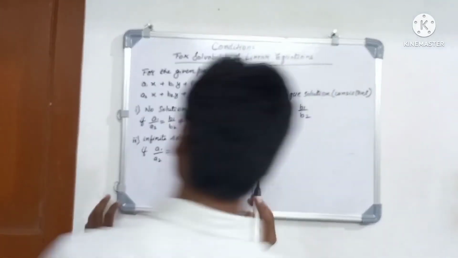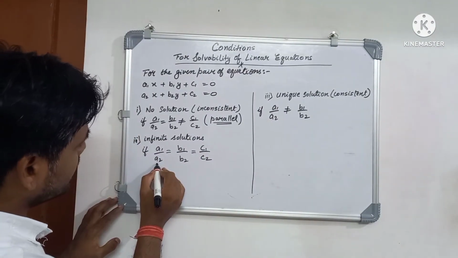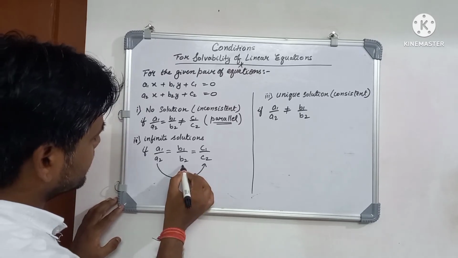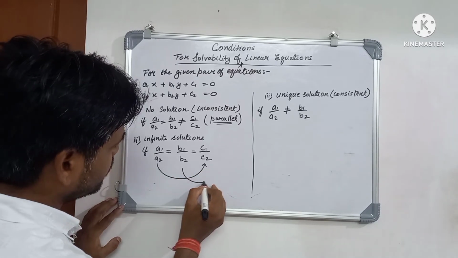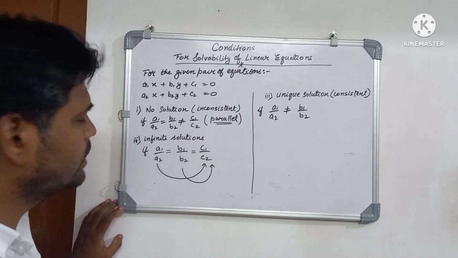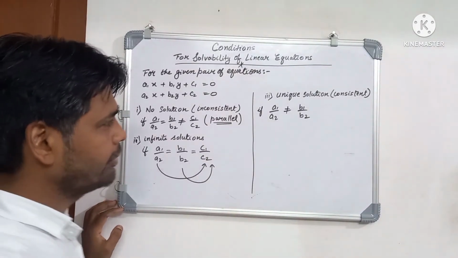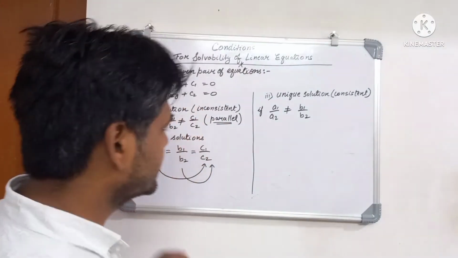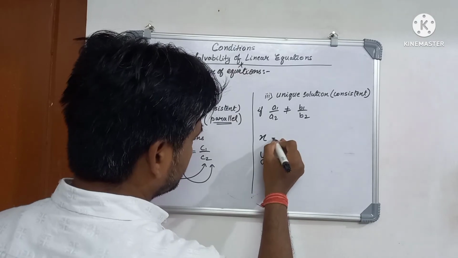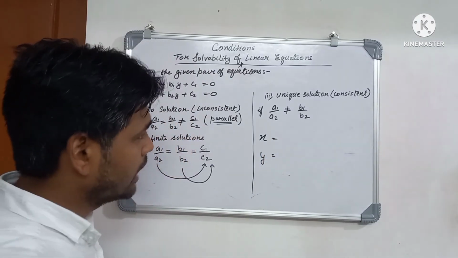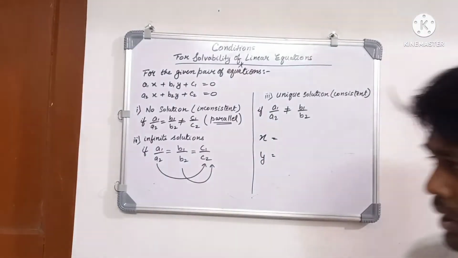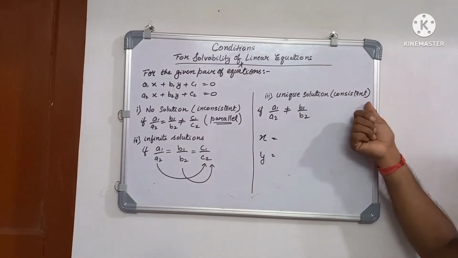This will lead to the result for the respective values of x and y, which I will show you after explaining the unique solution. The unique solution for a given pair of equations is also called consistent.